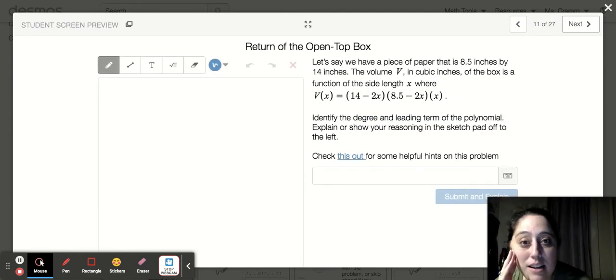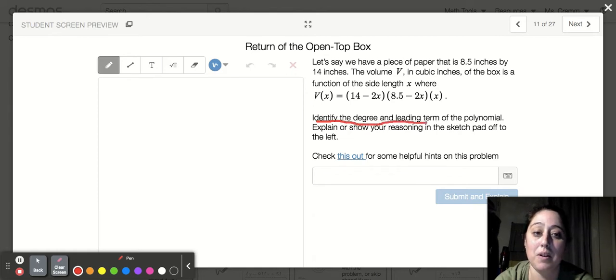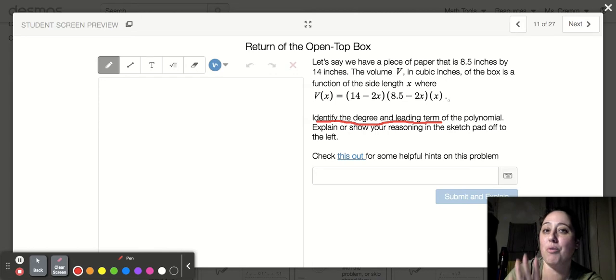Okay. All right, let's see. So here, they want you to identify the degree and the leading term of this polynomial. All right, so take a second. What form is this in already?